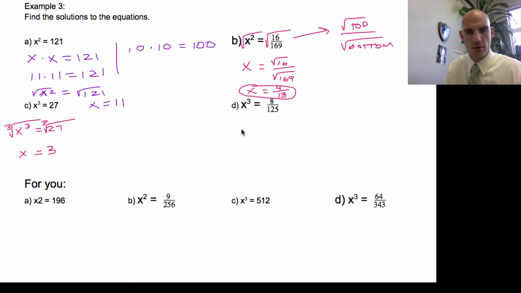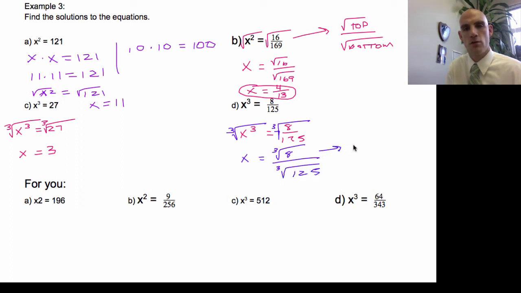Let's try this one. When I'm taking the cube root, I've got to do the same thing to both sides. Same rules still apply. The cube root of x to the third would be x. And I'm going to take the cube root of the top and the cube root of the bottom.